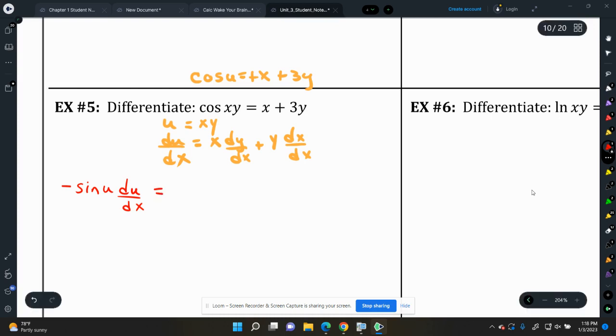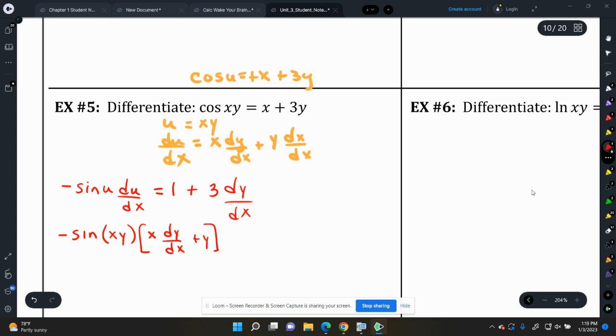This equals, what's the derivative of x? 1 plus the derivative of 3y? 3. Good. 3 dy dx. Okay. Now we just have to change this u stuff. Negative sine u, so xy, times du dx, which is x dy dx plus y.